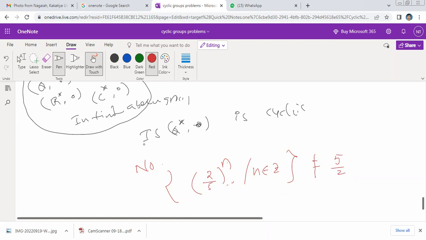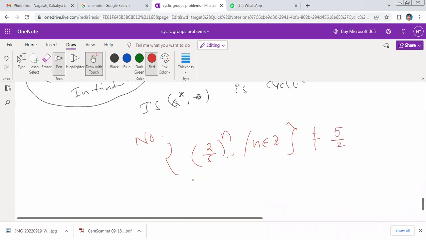Therefore, it is not a cyclic group. It is an infinite abelian group, but not a cyclic group. Remember that, in multiplication or in addition, Q plus, R plus, C plus, Q star, R star, C star are not cyclic groups.